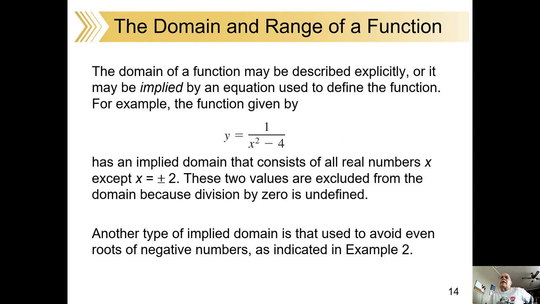Now, to keep it as simple as possible, usually what that amounts to is, when you're trying, the domain means what x's can I use? Can I use a 17? Can I use a -3? What can I use?